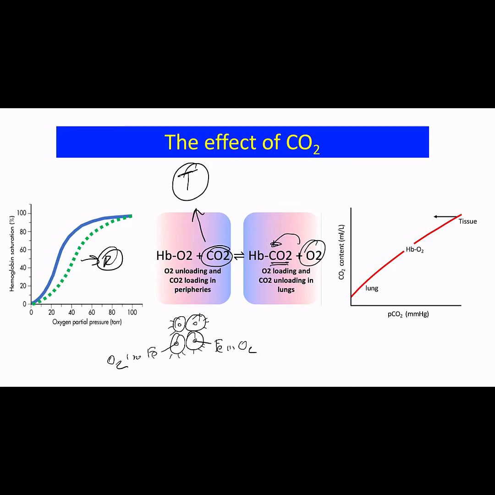Also in the peripheries, remember, tissues are actively metabolizing, they're requiring oxygen, and by the process of aerobic respiration, remember, we're producing carbon dioxide. Remember, glucose plus oxygen gives carbon dioxide and water plus a truckload of ATP.